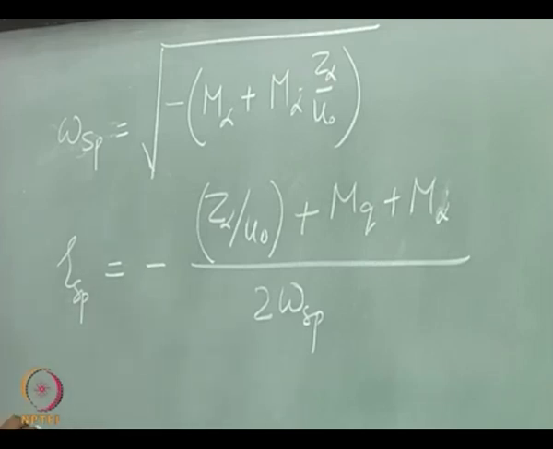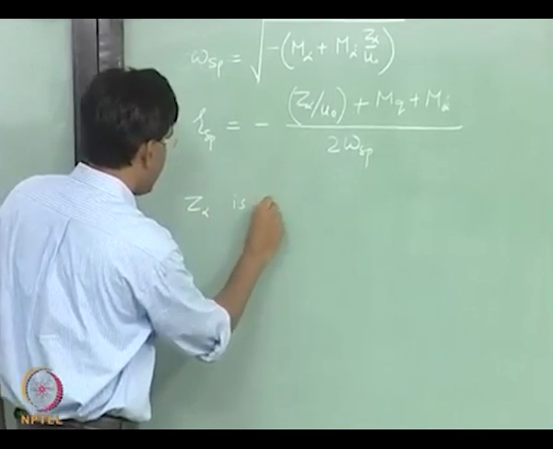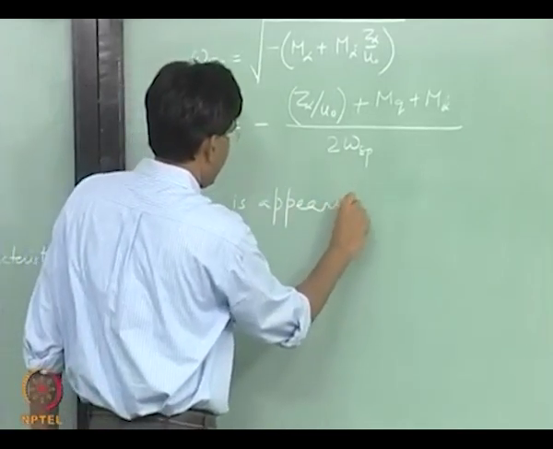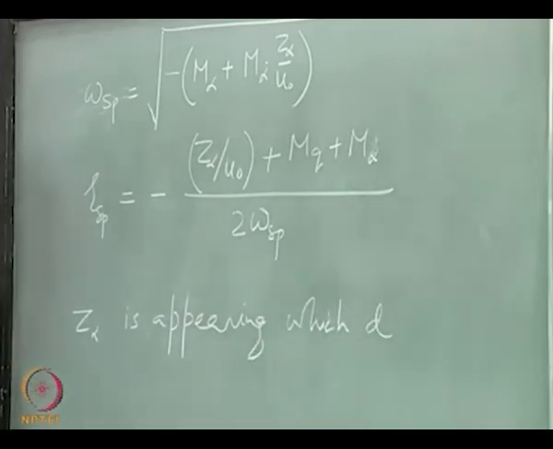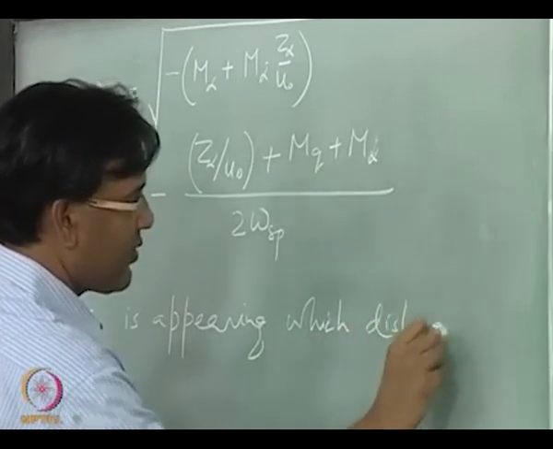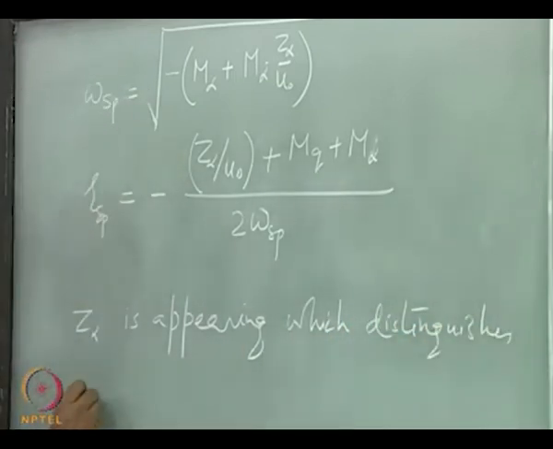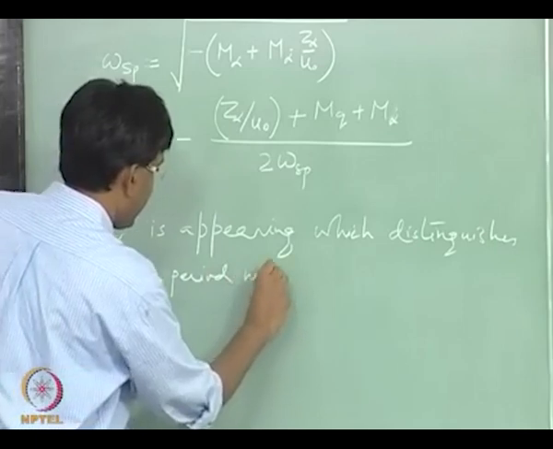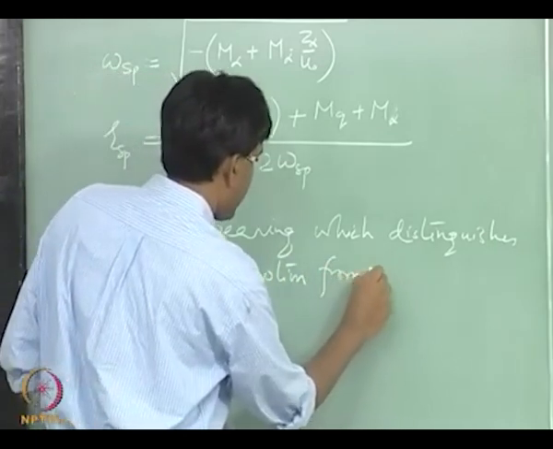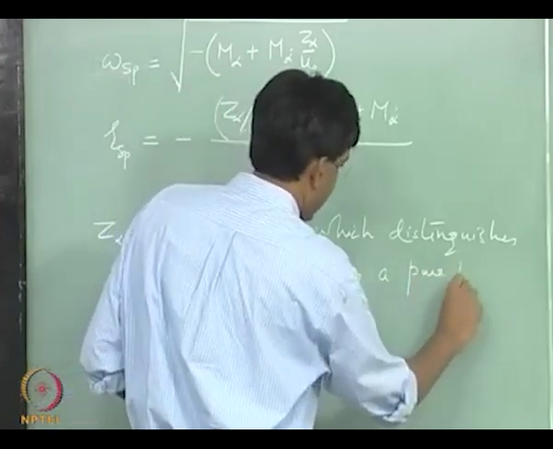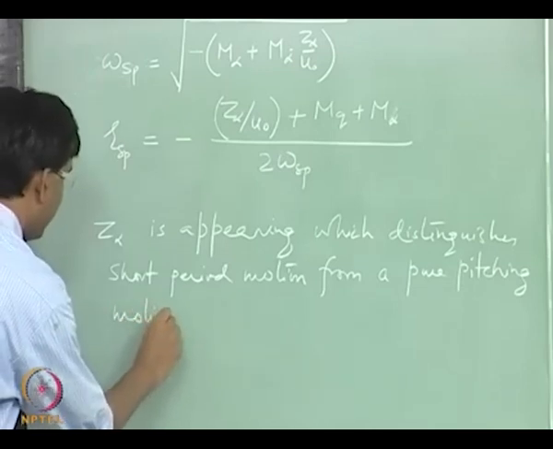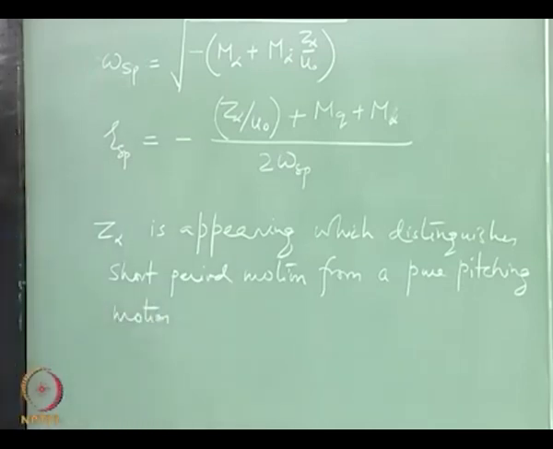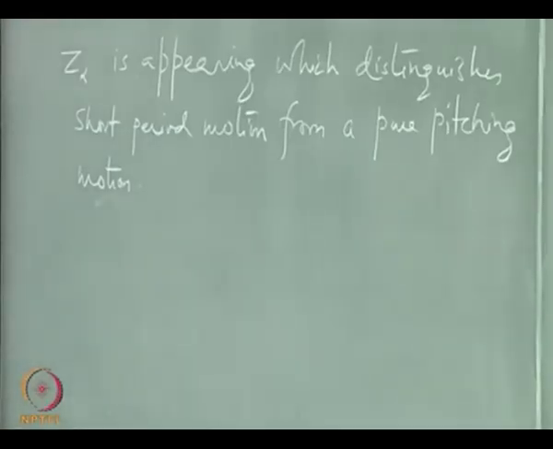So, here this Z_alpha is appearing, which gives us short period motion from a pure pitching motion, right.